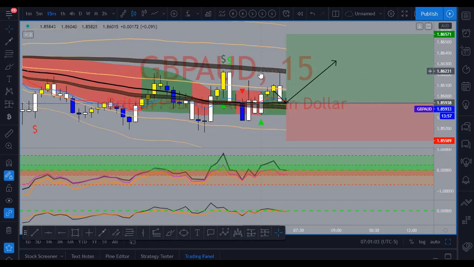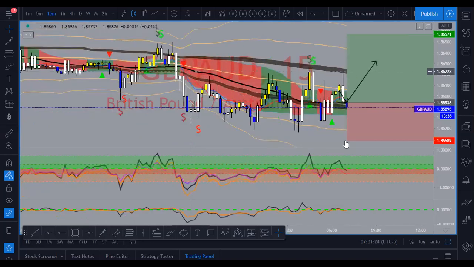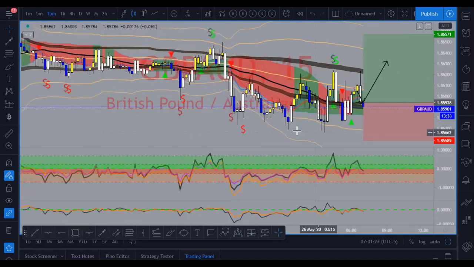All right, and stop loss at 1.8558. I'll put it at 1.85580. Buy, and let's see how that goes. Thing with GA, 30 pips is not a lot, but I like how it's under all of this right here.